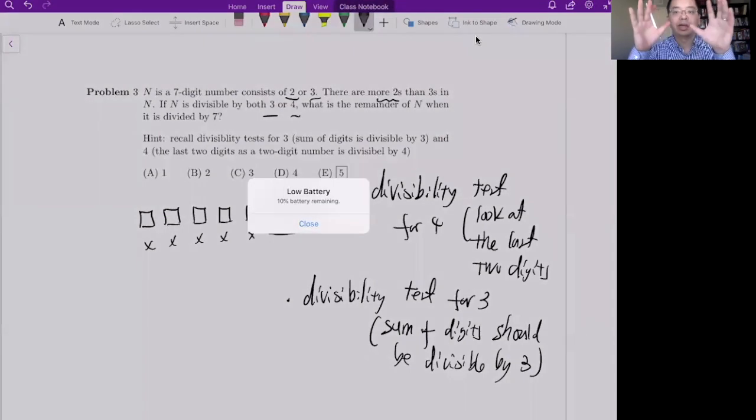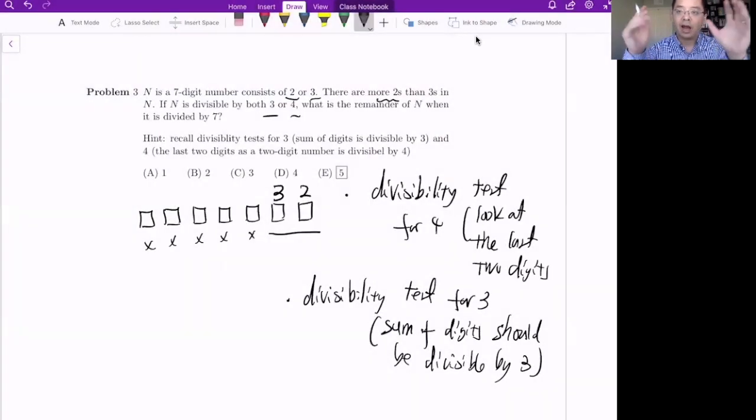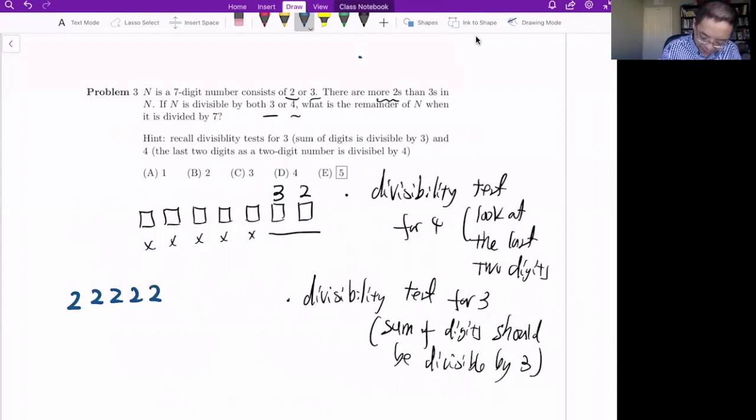A number is divisible by 3 if and only if the sum of digits is divisible by 3. Because you only have 2 and 3, the option that works is 2, 2, 2, 2, 2, and then 3, 2.